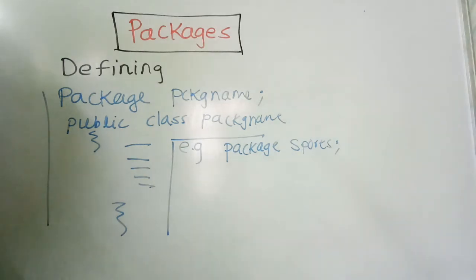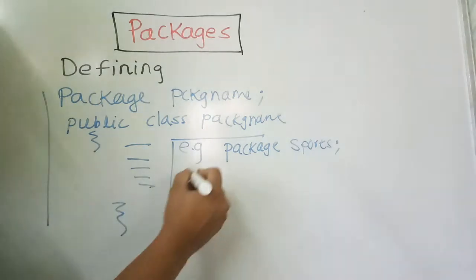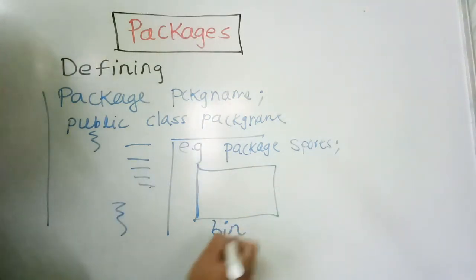Another important thing is that the .class file must be located in a directory that has the same name as the package. This directory should be a subdirectory of the directory where the classes that will import the package are located. I will explain it in detail. Suppose there is a folder like the bin of your JDK.